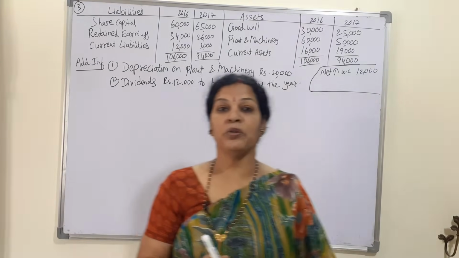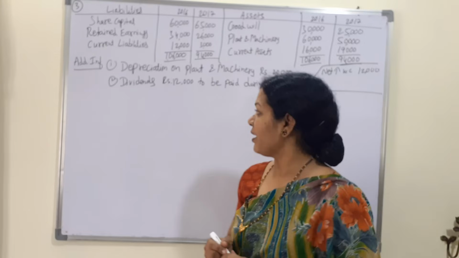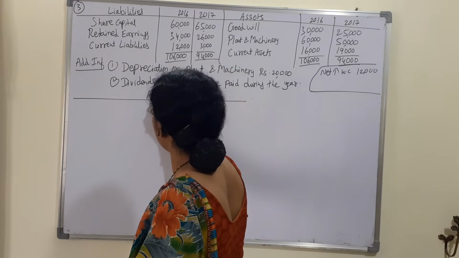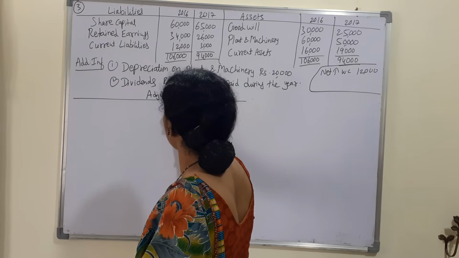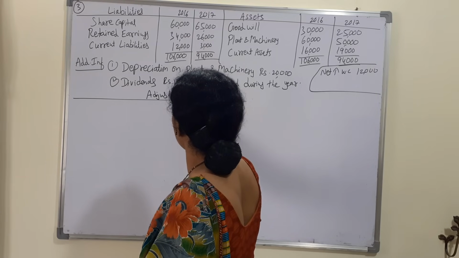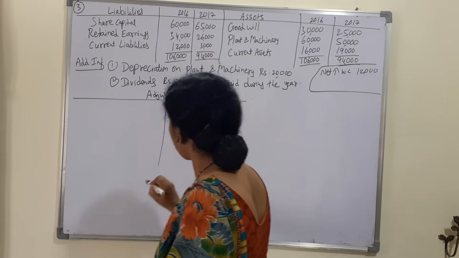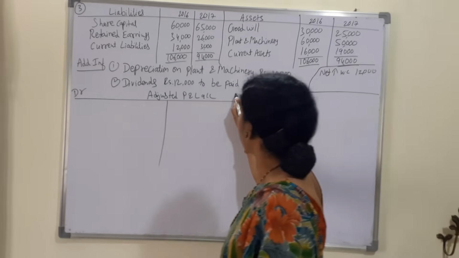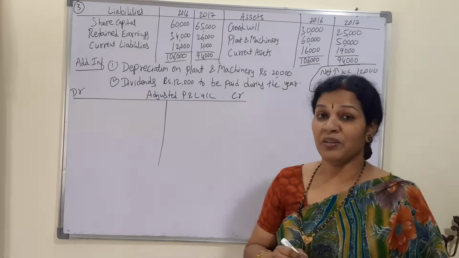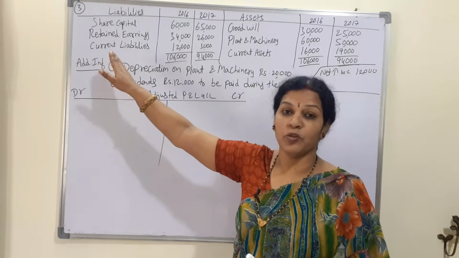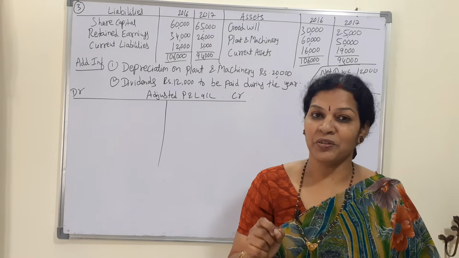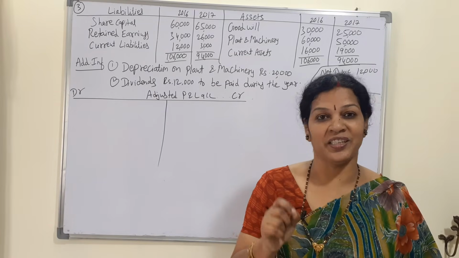Next thing we have to prepare is the adjusted P&L account. For preparation of the adjusted P&L account, what do we need? Opening and closing balances. Generally we take the opening and closing balances of the profit and loss account from the balance sheet. If it is not given, we take retained earnings.